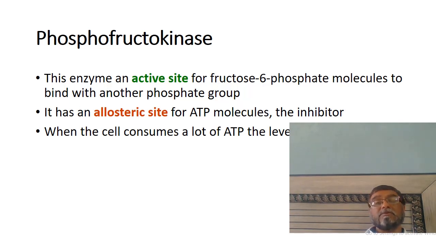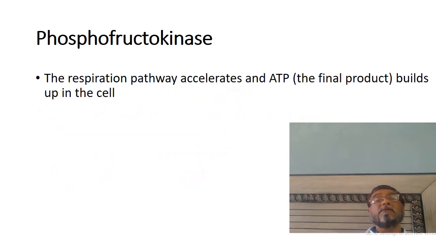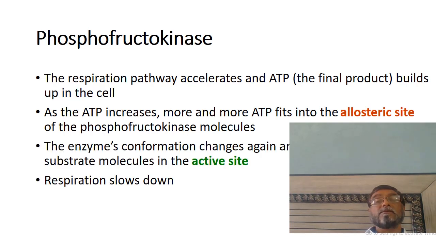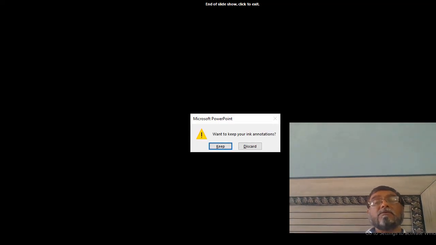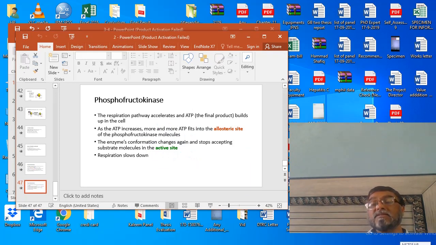So phosphofructokinase, PFK, stops its function when the ATP quantity is high in the cell because ATP is acting as the allosteric inhibitor. So that's all for this lecture.